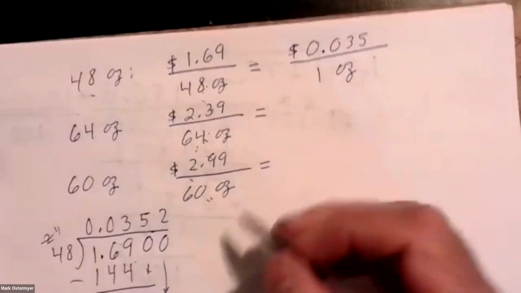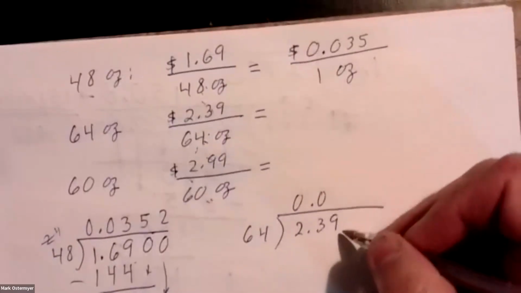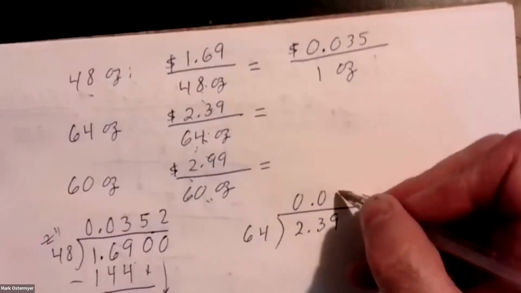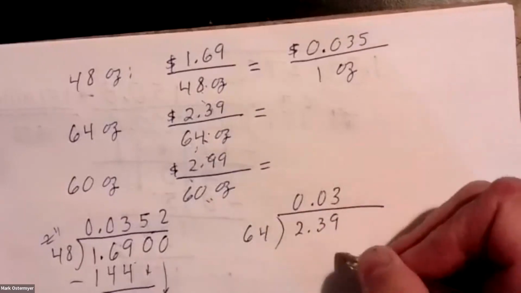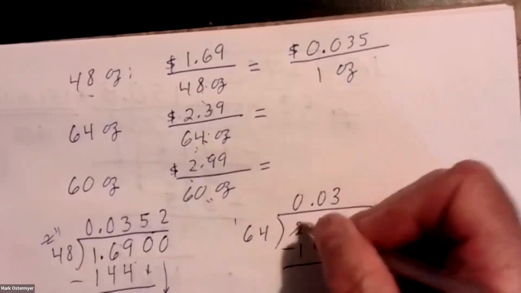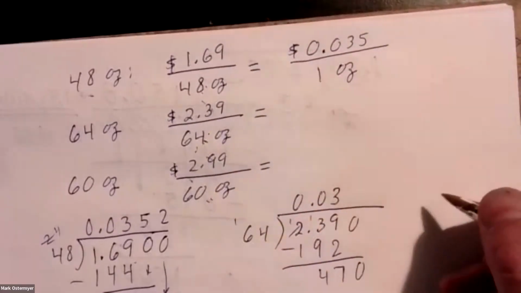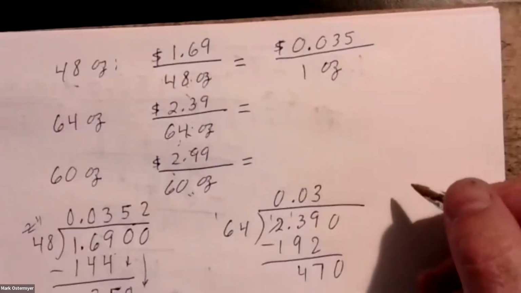We got to do the same thing now. Now we got to divide 64 into 2.39. The 64 ounce will cost around 0.0374 per ounce. 4 is too big. 3 will work. 3 times 4 is 12. 8, 19. Subtract, 7. 4, 0, 0. 64 goes into 470.